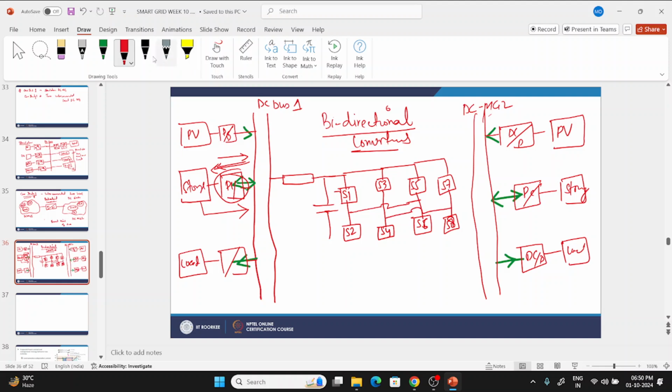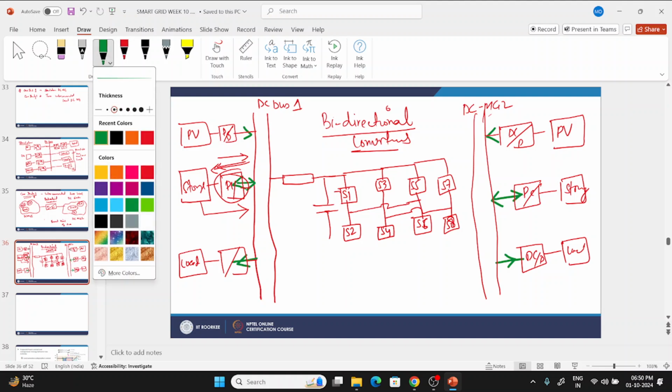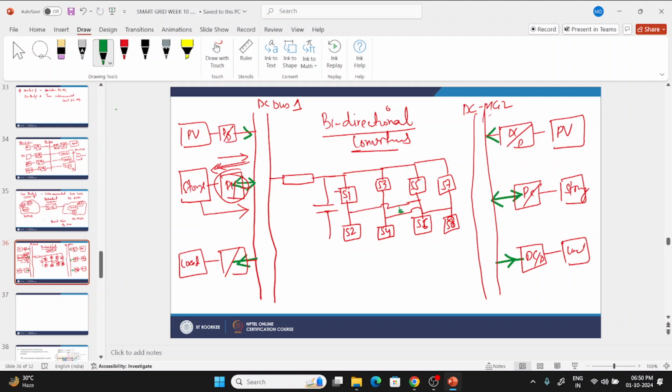Okay, there will be a reactance connected between them. Okay, so this is bi-directional. These are connected here. This is C1 and there it is C2.